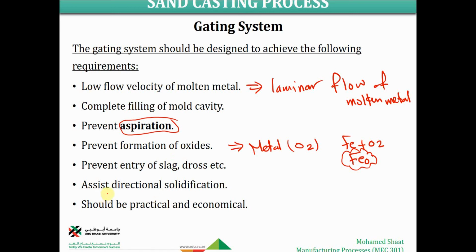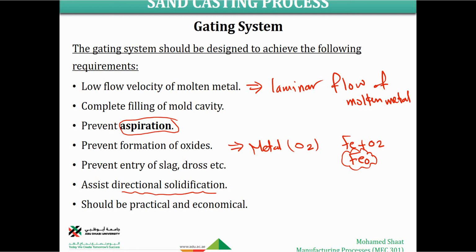Also, assist directional solidification. What does directional solidification mean? This directional solidification is a big deal, especially in case we have huge castings. As we mentioned before, one of the properties of the sand casting process is that we can make products that weigh up to 200 tons, which is a huge product, right?